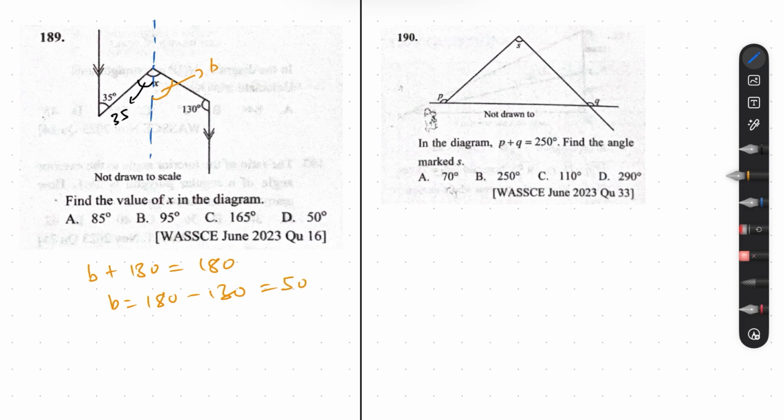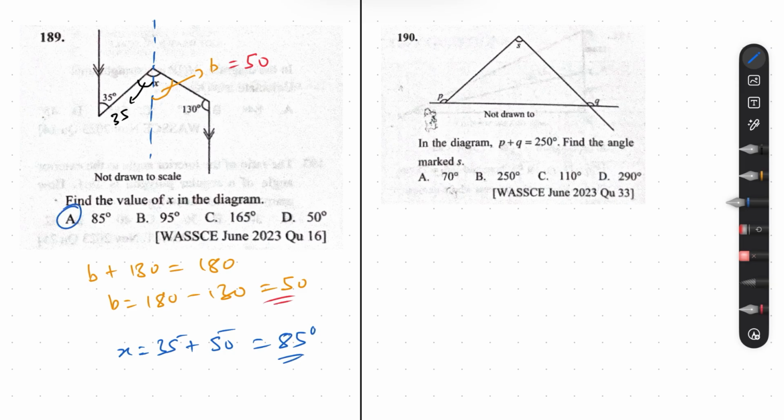So now we know our B to be 50. So now we know this side of x and this side of x, and our total x right here is the sum of 35 and 50. So x equals 35 plus 50, which is equal to 85. Cool. So our answer is 85, which is A.